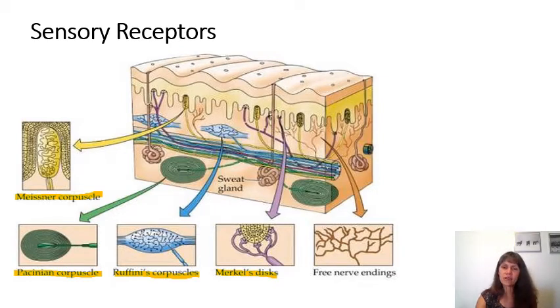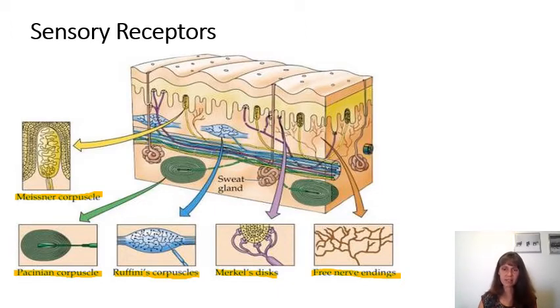There are free nerve endings that are important in the transmission of lots of different kinds of information. Free nerve endings can act as thermoreceptors to transmit information on temperature. They can act as nociceptors to transmit information about pain or tissue damage. They can act as mechanoreceptors sometimes when there is mechanical deformation.